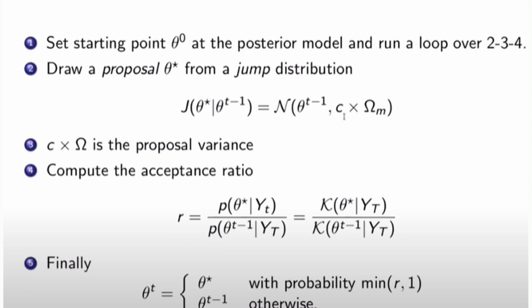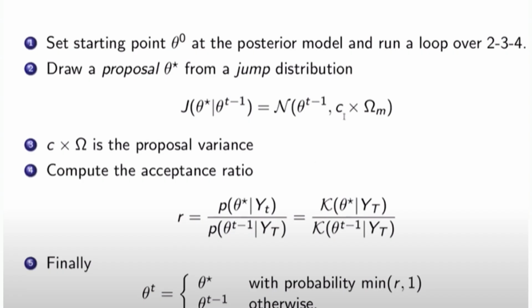That turns out to be a multivariate normal distribution centered at the previous point we were at, and with the covariance matrix of this jump distribution scaled down by a small c. We are going to talk about a small c a little bit. So those are proposals.